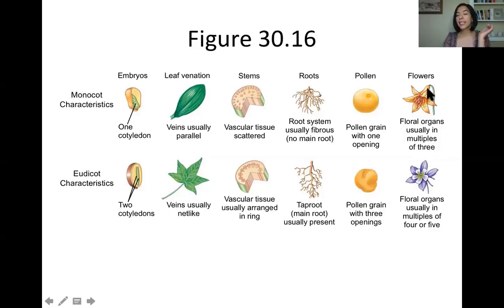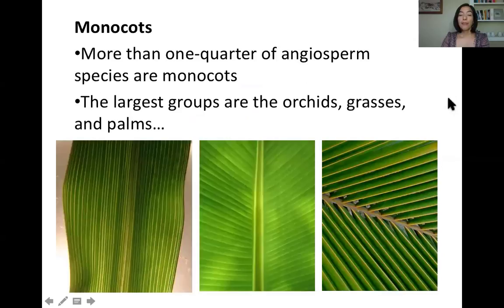Whereas in this iris, we have a multiple of 3. So we have 6, right, in total. The venation, as I mentioned, in monocots, it's parallel, and this is going to have a large group. Well, actually 2 groups are orchids and grasses, and followed by palms.